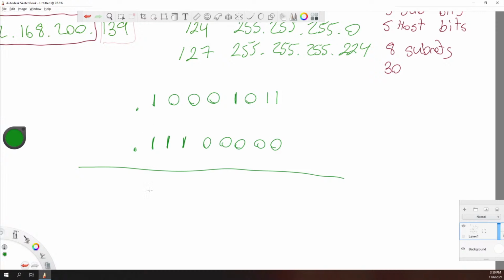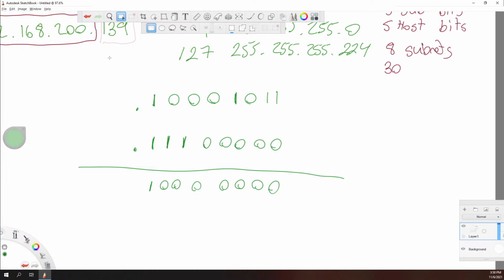So 1 and a 1 is equal to a 1. A 1 and a 0 is a 0. Basically, if it's not 2 1s, it's a 0. So we go 1, 2, 3, 4, 5, 6, 7, 8. We're left with really only one flagged bit that tells us what the network portion of this address is. Well, what's the first bit? First bit is 128. So from that, we can now say we know what our address is.